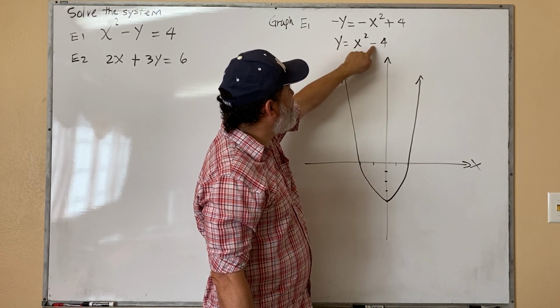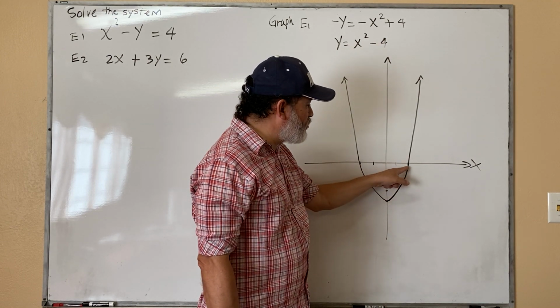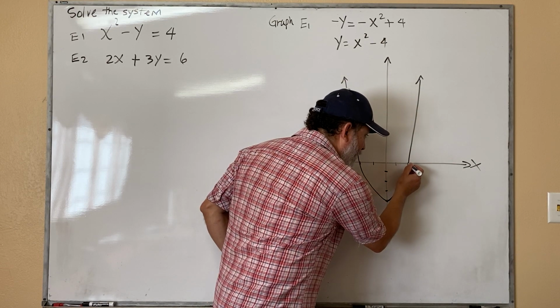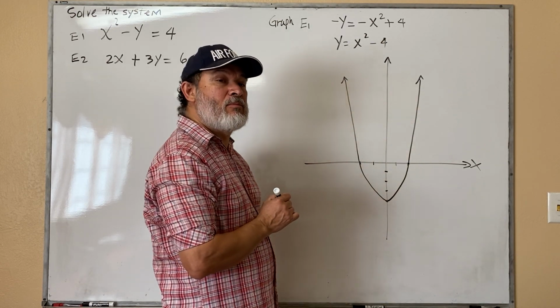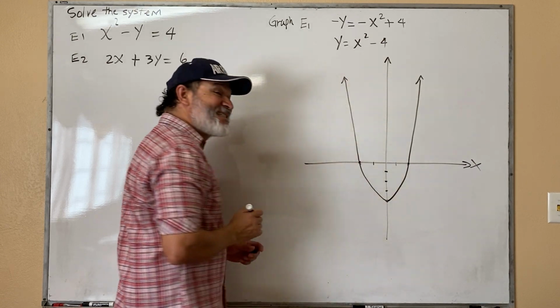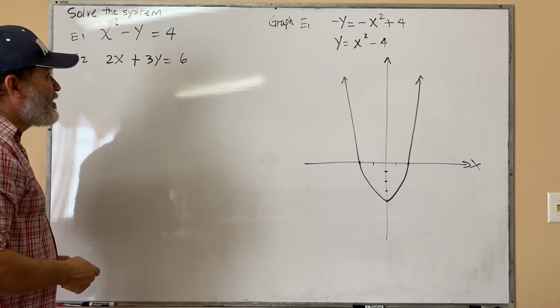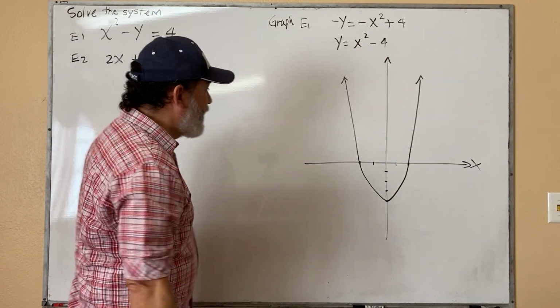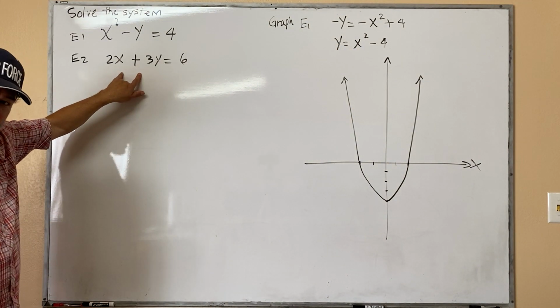What's 4 minus 4? 0. When x is 2, y is 0. See? When x is 2, y equals 0. When x is negative 2, y is also 0. So we just graph this parabola. Can you graph this?